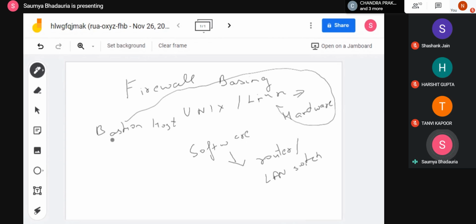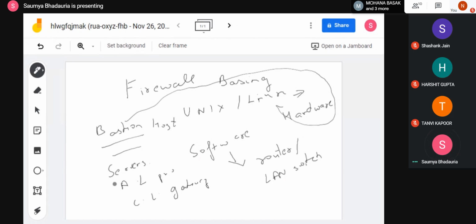So we'll be discussing bastion host. Okay. Now, what is a bastion host? This is normally used in those servers which provide a platform for an application level proxy or a circuit level gateway.